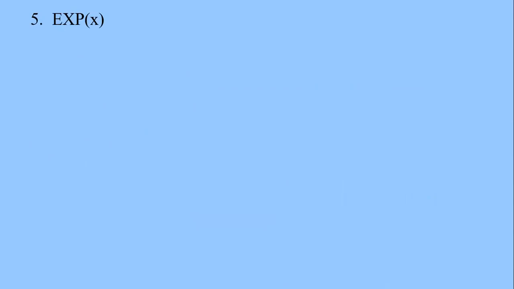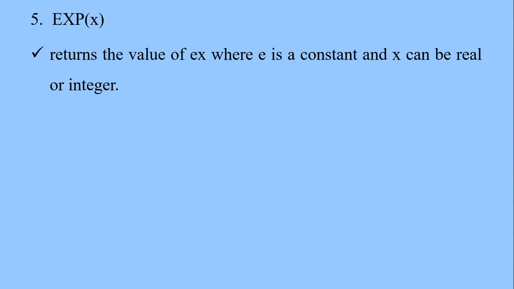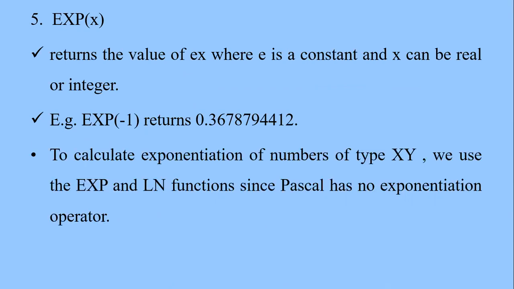EXP(X) returns the value of e to the power X, where e is a constant and X can be real or integer. For example, EXP(-1) returns 0.36787944412. To calculate the exponentiation of numbers of the type x to the power y, we use the EXP and Ln functions since Pascal has no exponentiation operator.